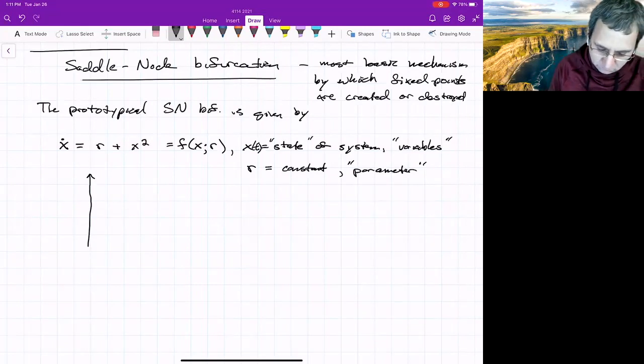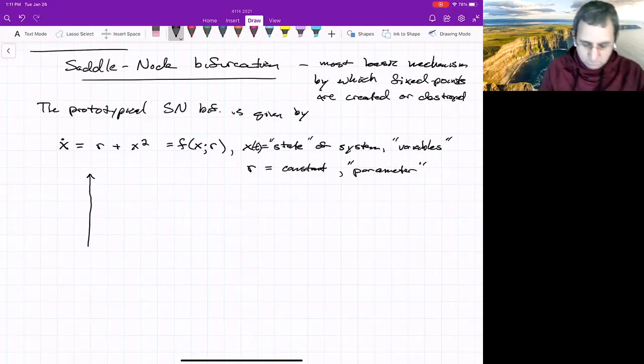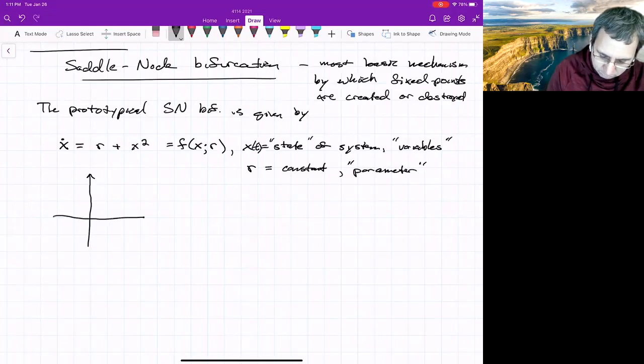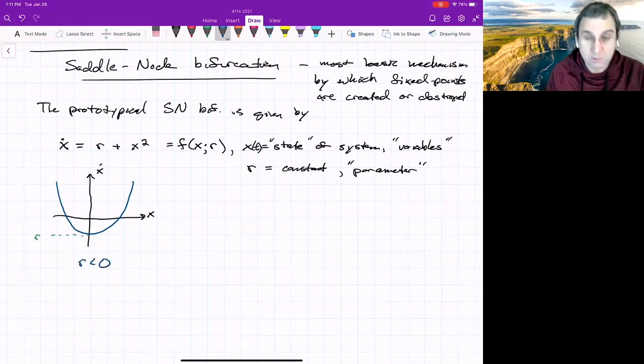All right, so if I were to plot R plus X squared, this is a parabola opening upward. So let me put a parabola opening upward, and it intersects. So this is X dot versus X. And this is the point R. So this is the case for R less than 0.